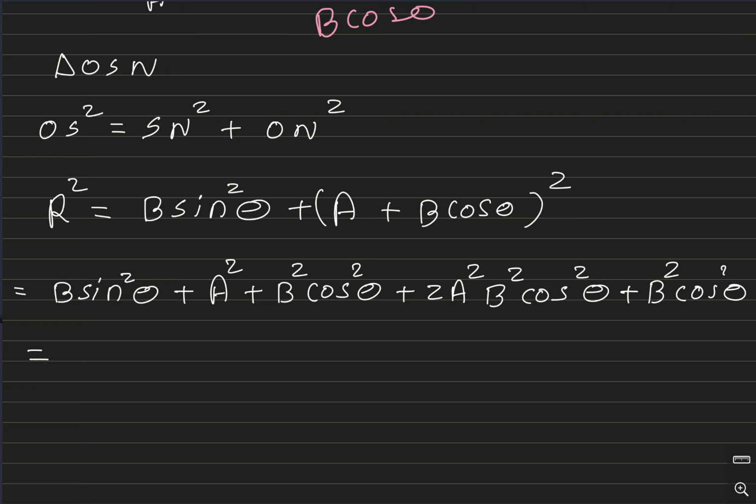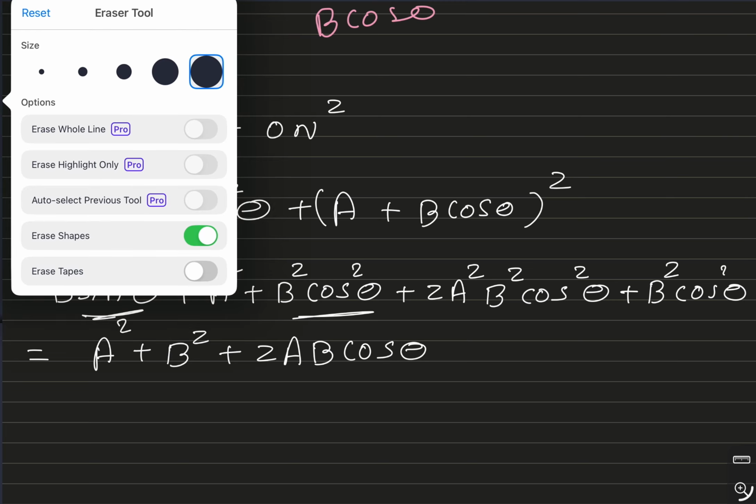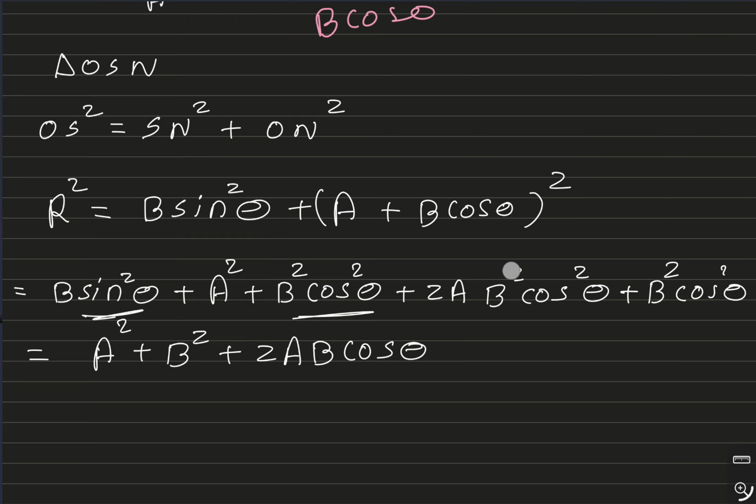Simplify this equation and you get A square plus B square plus 2AB cos theta. You also know that sine square theta plus cos square theta is equal to 1. So this is your equation.